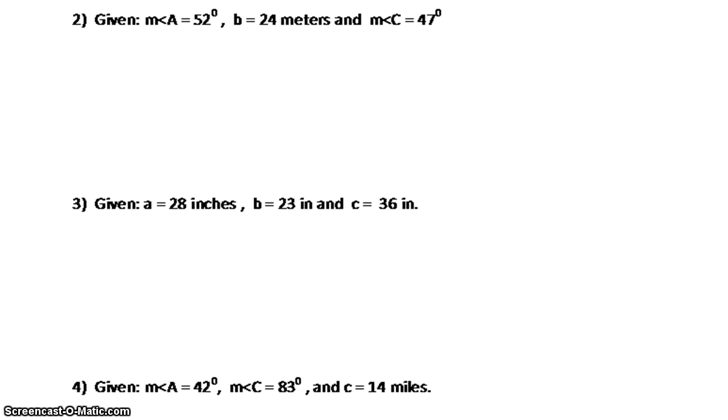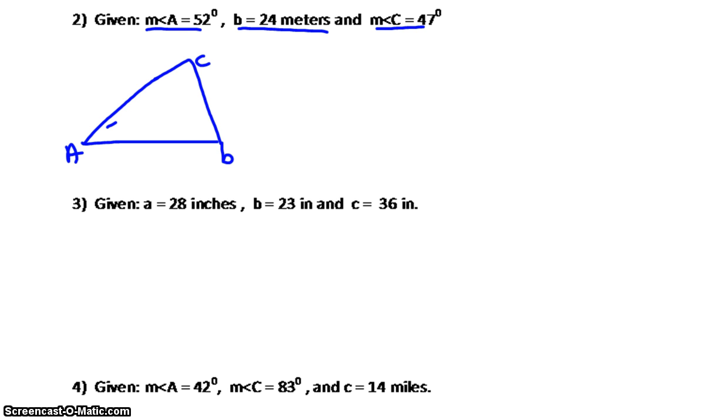Now if I look at example 2, you'll see I'm given an angle, a side, and an angle. In this case, when we look at the picture, we have an angle A and an angle C, and that gives us the idea that this is in fact a slightly different problem, because B is equal to 24.